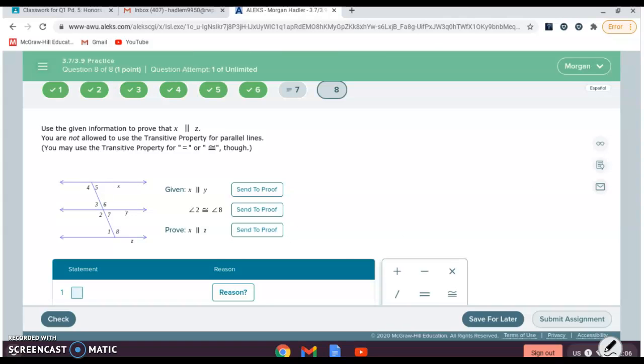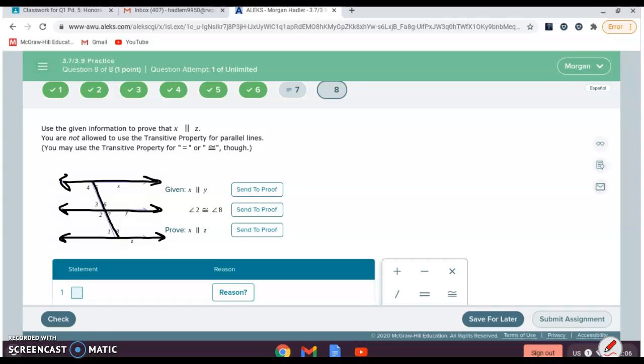This one now, use the information given to prove that X is parallel to Z. We have not done the proofs yet, I shouldn't say that, we haven't looked at an exact example yet where we do kind of the inverse and prove that things are parallel. But I would imagine it would go something like this.